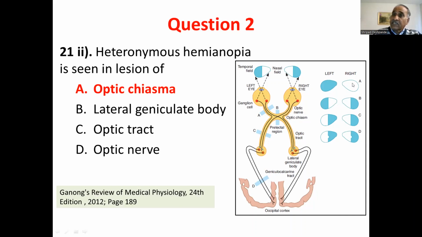That is a binasal hemianopia, which is also a heteronymous hemianopia. So lesions in the optic chiasma produce either a peripheral constriction, or a central tumor produces a heteronymous hemianopia. The correct response is optic chiasma.